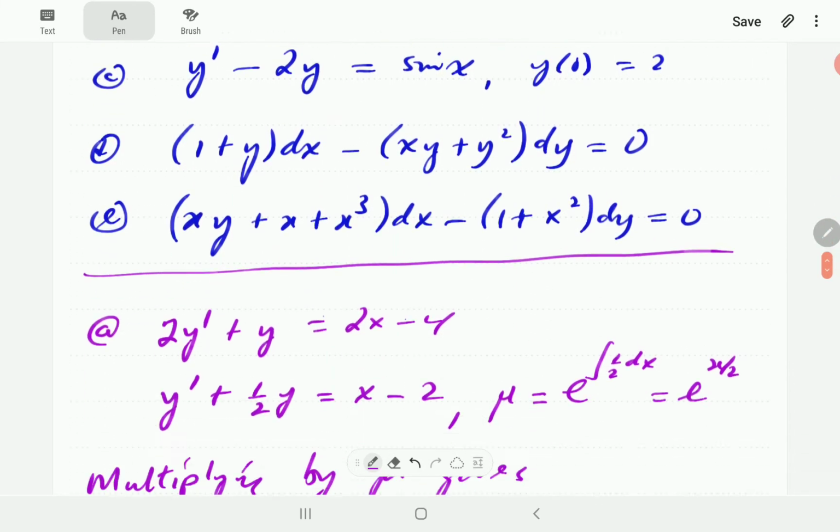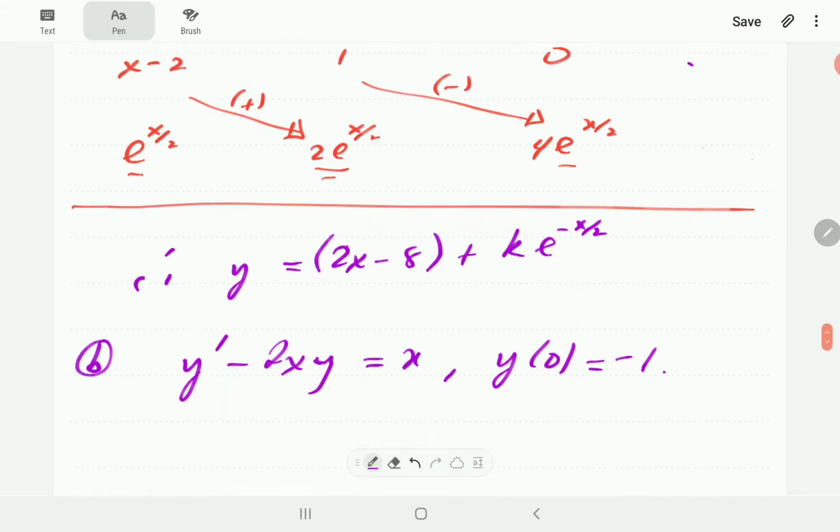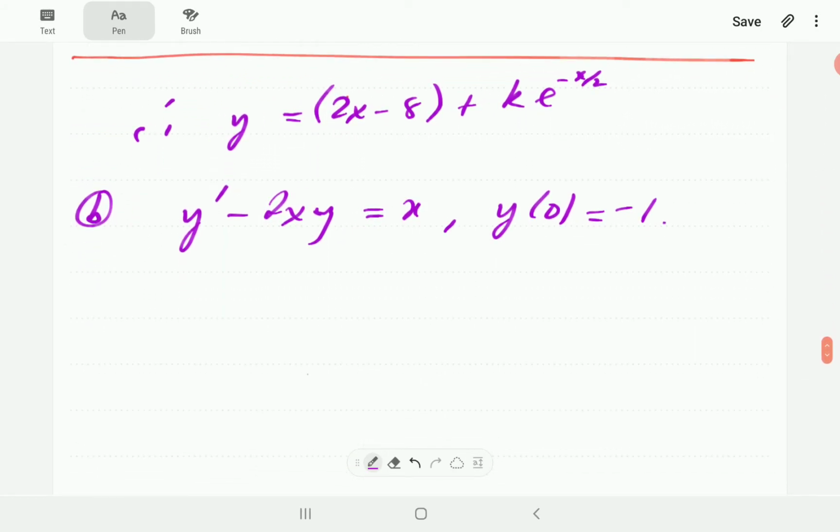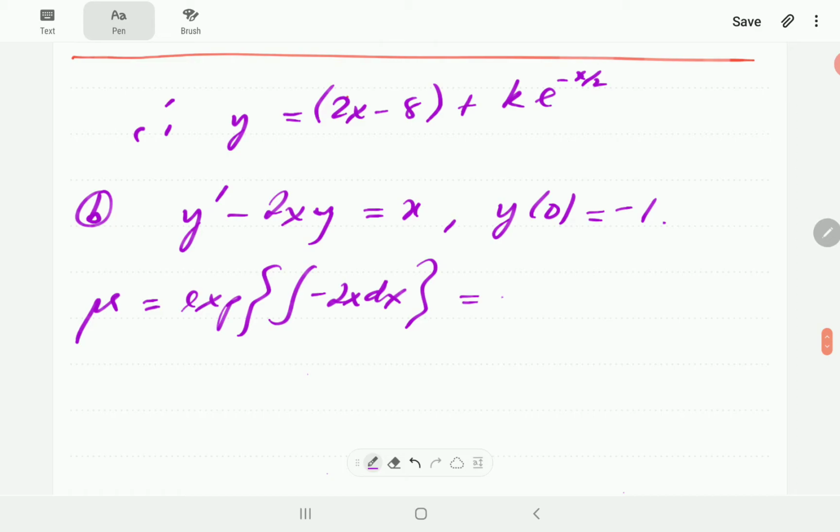So straight away p is negative 2x. So all we need to do is just to work out the integrating factor. So integral of negative 2x, this is going to be e to the minus x squared.